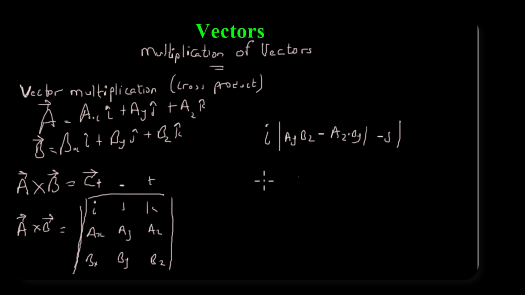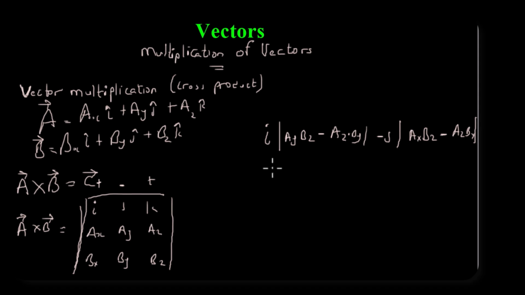Then do your box. Again, I'm going to be blocking the first row now and then the second column. So anywhere J appears, I want to block it. So what am I left with? AX, BZ. So multiply the leading diagonal, AX, BZ. Then subtract it from the backward diagonal, AZ, BX. Then close the parenthesis.